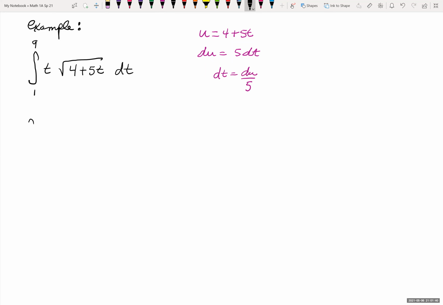So notice that when I go back in and substitute, I still have this t in here, and I don't want that. So I still have to manipulate, and this is how we do it. We go back to what we had chosen u to be, and we're going to need to solve for t.